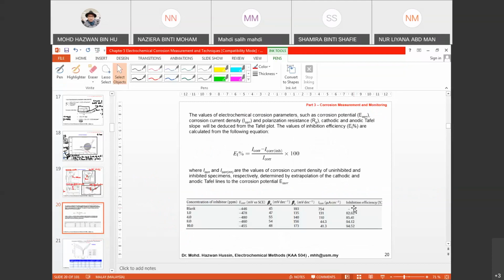Right. So we can also calculate inhibition efficiency using potentiodynamic data. So what parameters do we need? Actually, we need Icorr. This is the formula to calculate inhibition efficiency: Icorr of blank minus Icorr of inhibitor over Icorr of blank multiplied with 100.